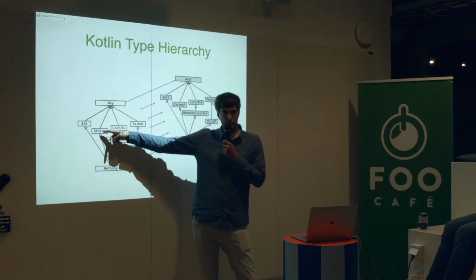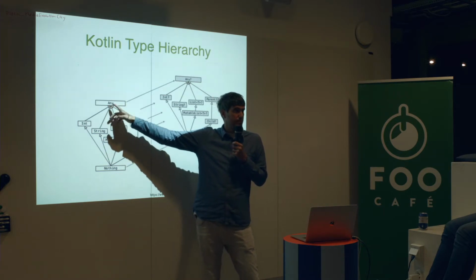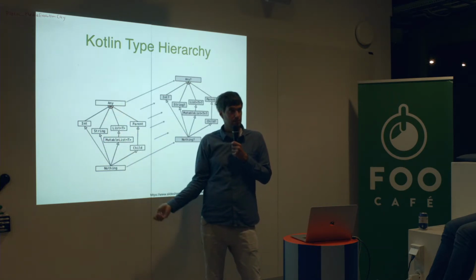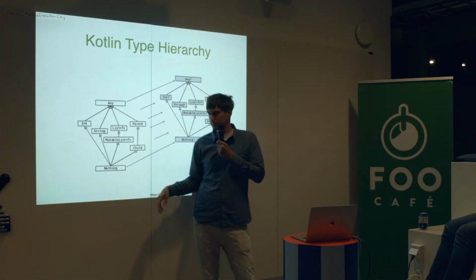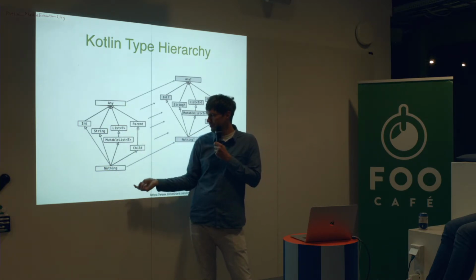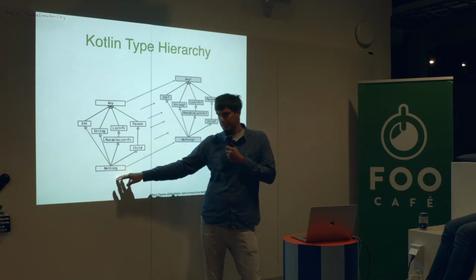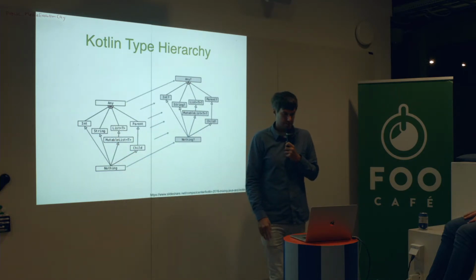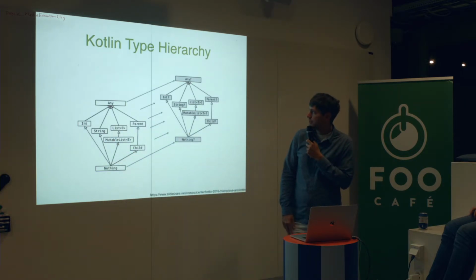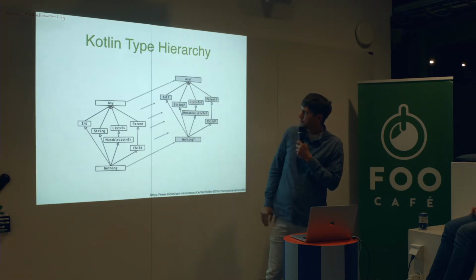What this picture shows is that every type inherits from a type called Any, whereas in Java, everything extends from Object. Here it is Any. And then we have another type called Nothing that extends from all other types in Kotlin. And then we have all the nullable types as well.